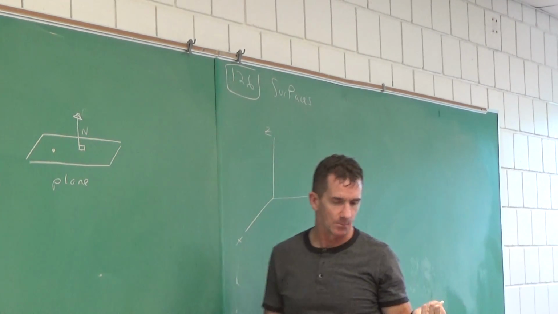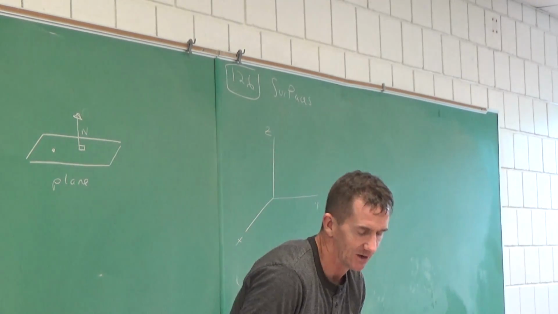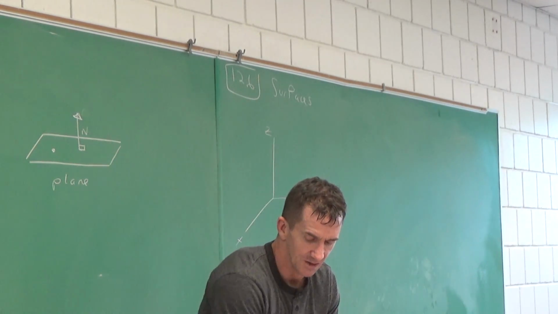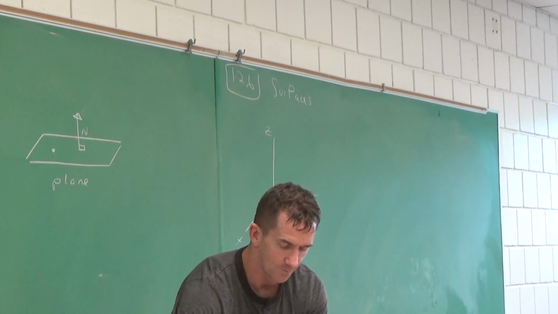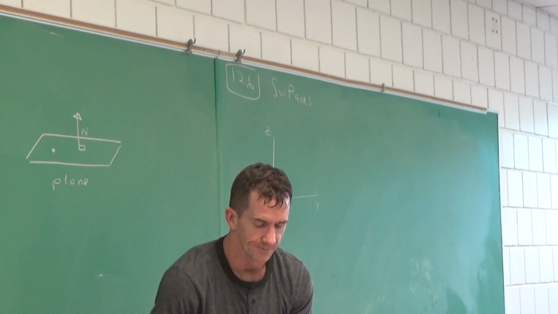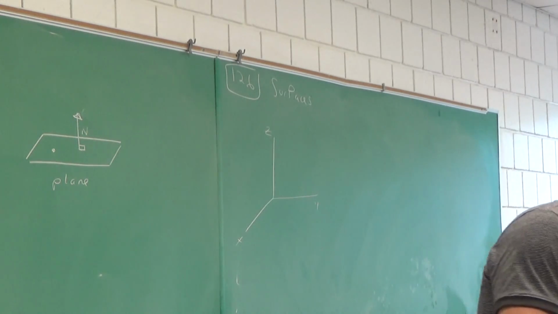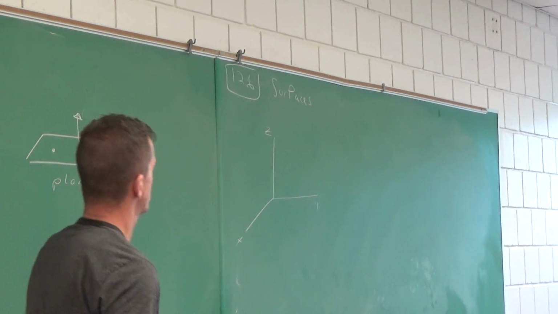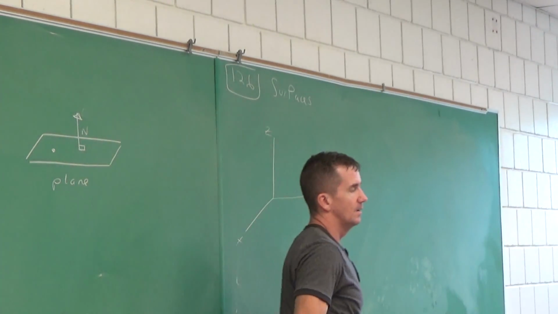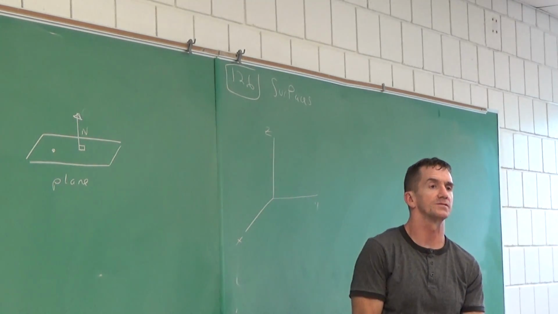They actually title it cylinders and quadric surfaces. You see that title? But I am just going to put the word surfaces here for now, because a cylinder really is a surface.